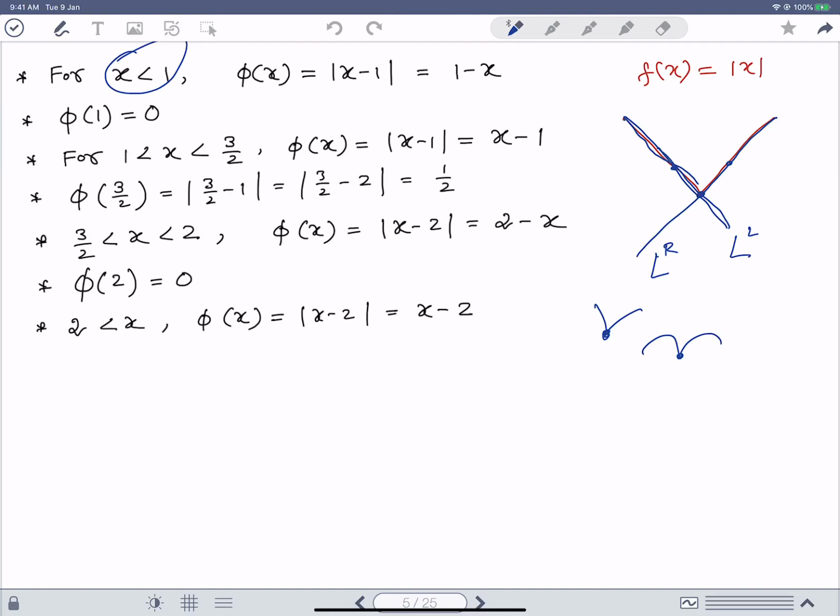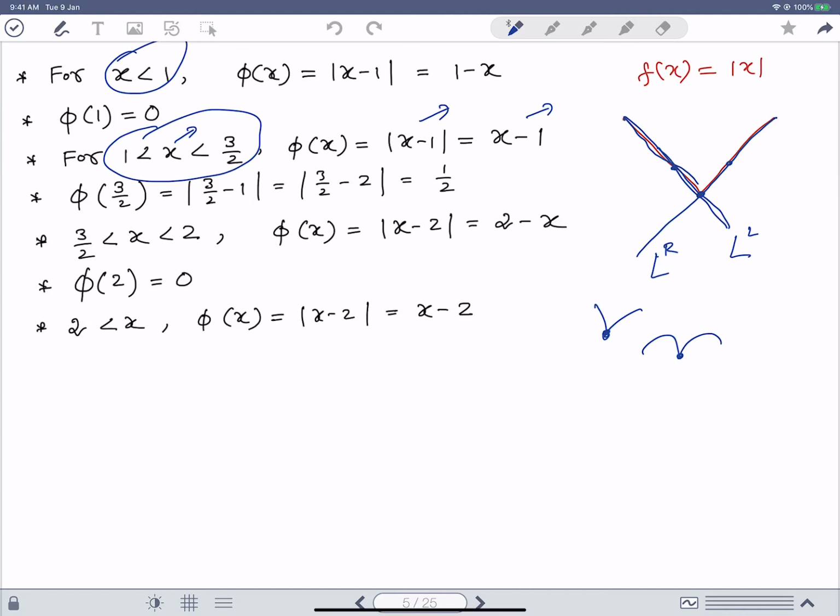Now, if x is between 1 and 3 by 2, then between x minus 1 and x minus 2, the smaller one is the infimum, and this is actually x minus 1, because x is bigger than 1.